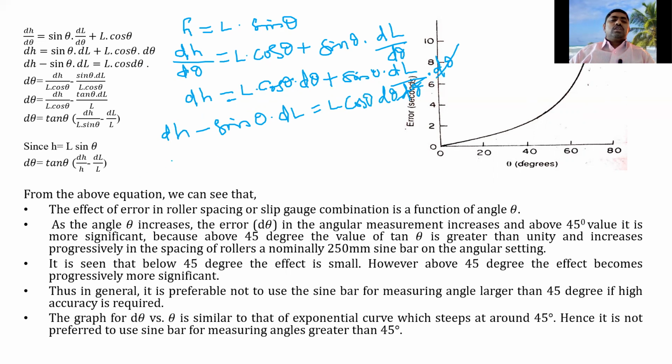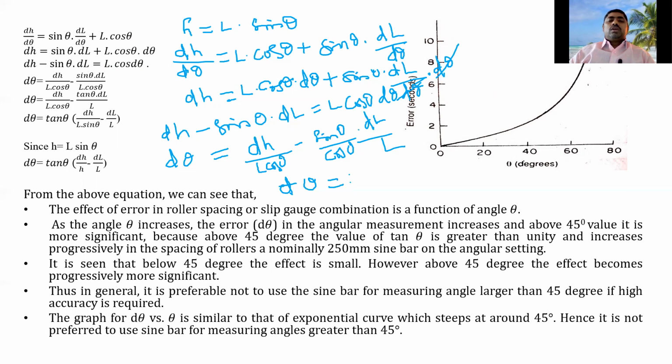So from this, what is d theta? You will get d theta is equal to dH by L cos theta minus sin theta divided by cos theta into dL by L. So this relation we can obtain. If we simplify this, sin theta by cos theta gives tan theta.